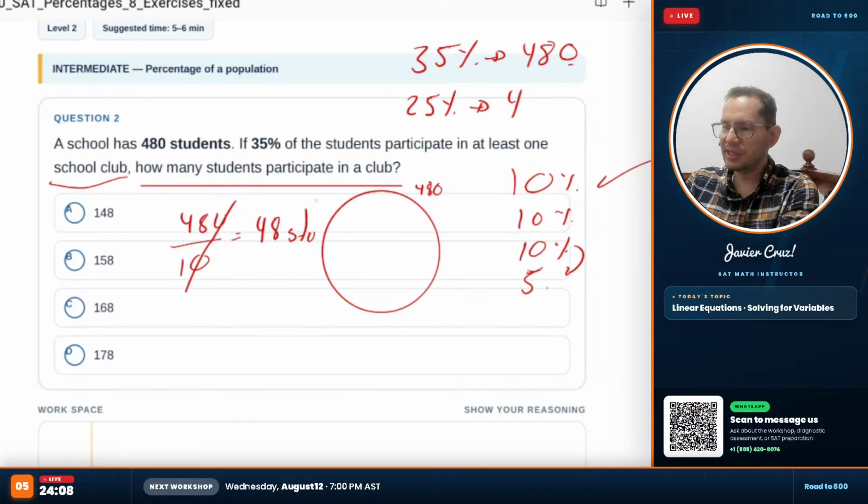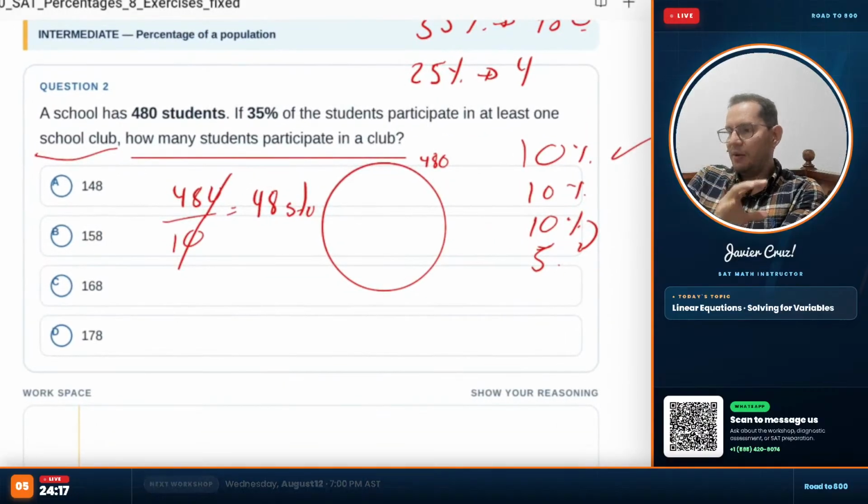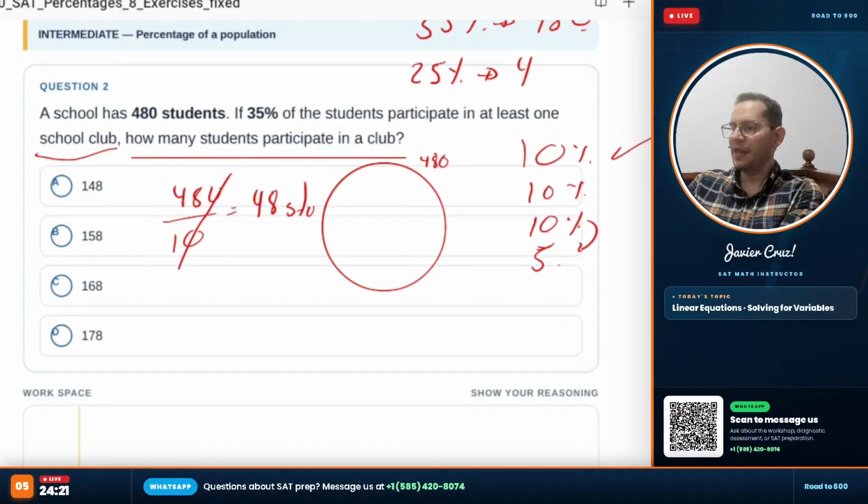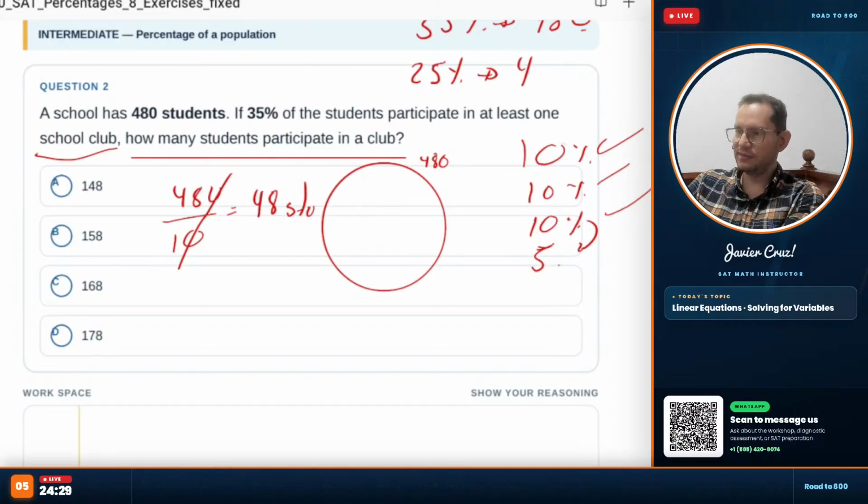So the units are pretty important to understand the problem, right? So, okay, the conclusion now is first, to find the 10%, we need to divide by 10. And to find the 35%, the best way is to find the 10% and multiply by 3 because that's 30. 3 times 10 is 30. And then we add the 5%, which is the half of 10, right?